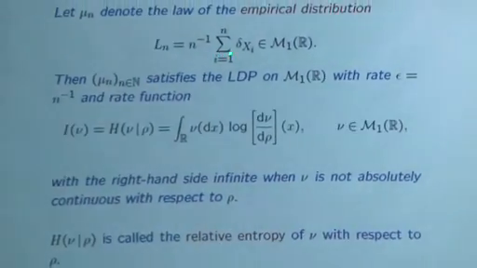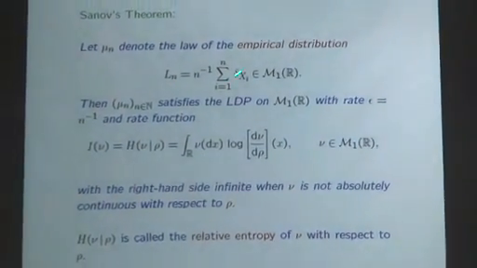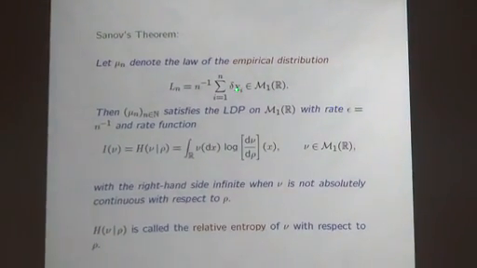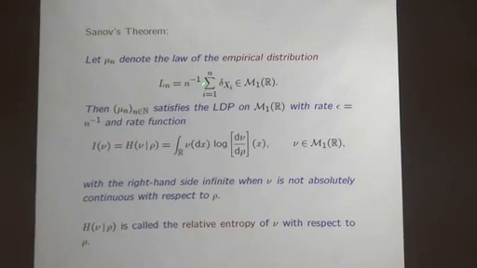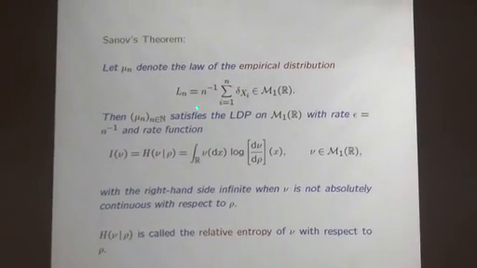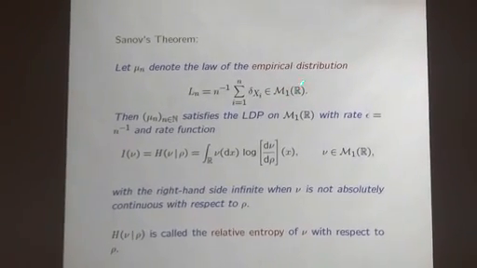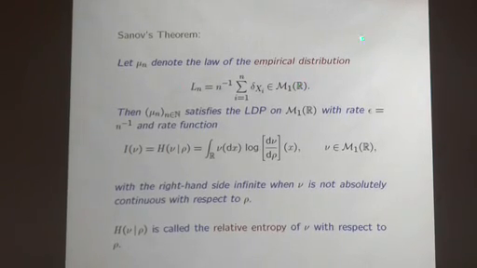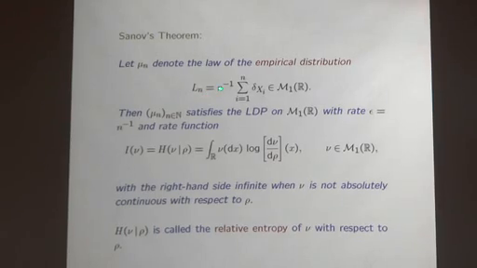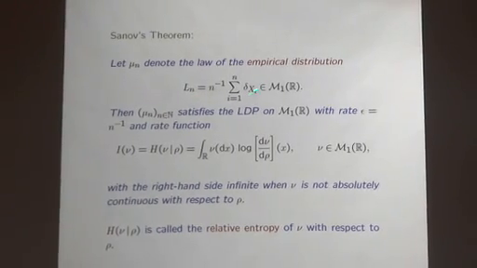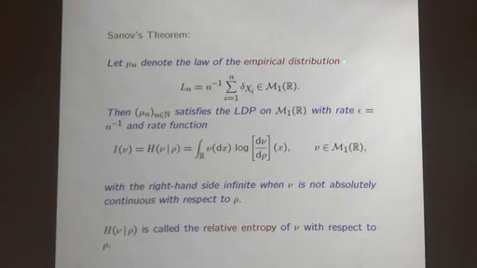Then you add up all these probability measures and you divide by n. Then you get again a probability measure. This object is random because it depends on the outcome of all my random variables, but it looks at their empirical distribution. This is an element not of R, but of the probability distributions on R. And this is not measuring their average, it's measuring how they are distributed over the line.